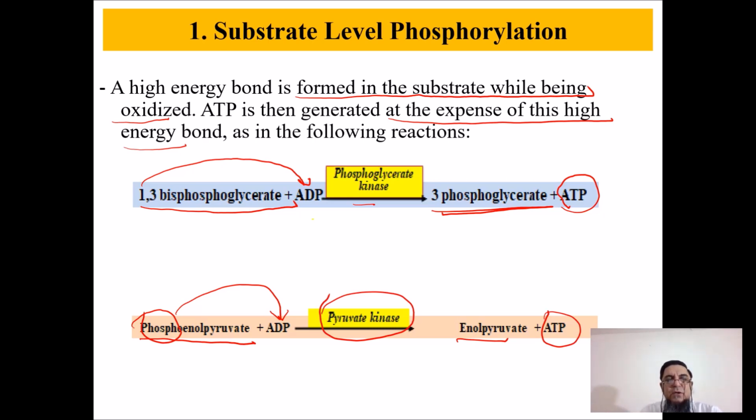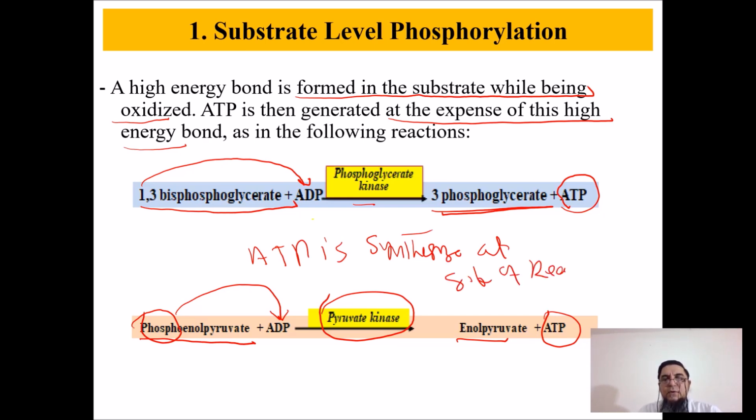These reactions where the ATP is synthesized at the site of reaction are known as substrate level phosphorylation.